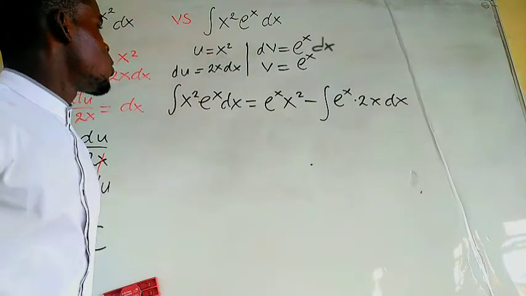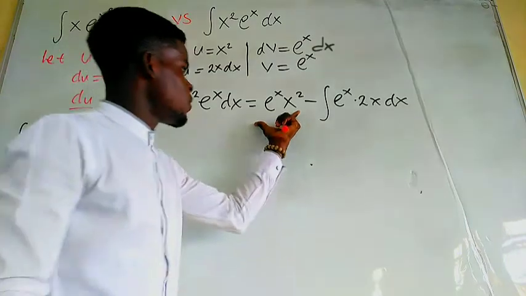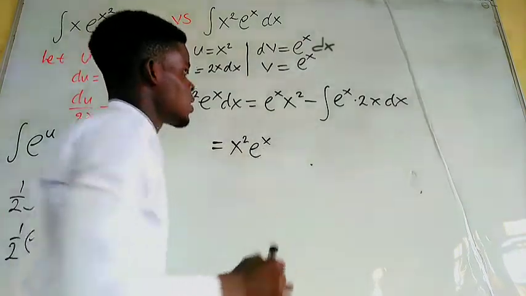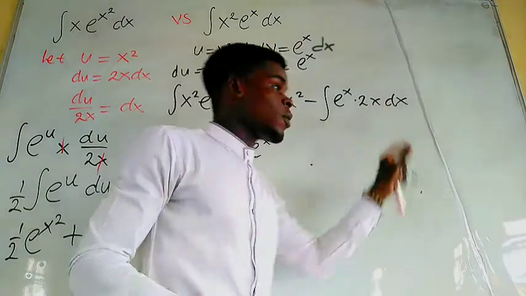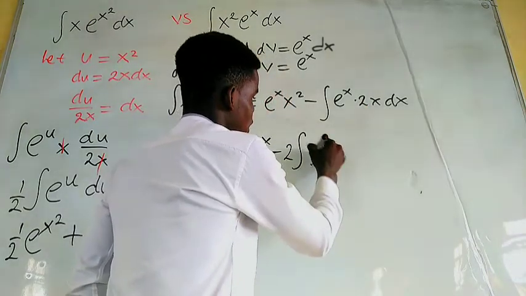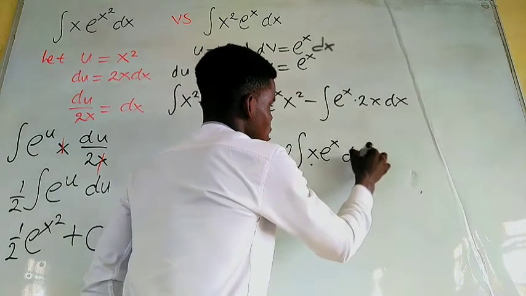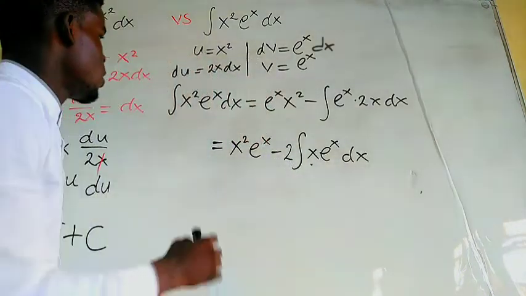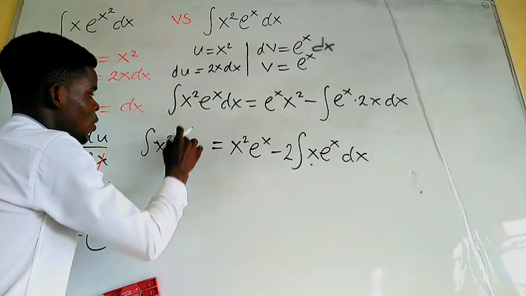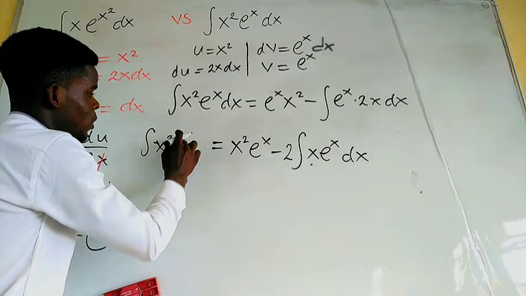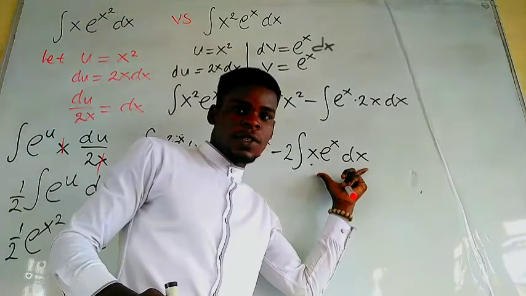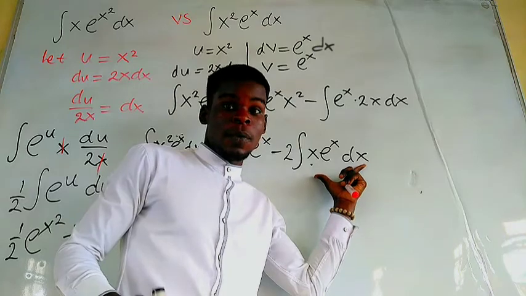Okay, so from there, we can have this first part to be just x squared times e to the power of x, and since this 2 is just a constant multiple, we can take it to the front of the integral sign, and we're going to have x times e to the power of x dx, like this, right?